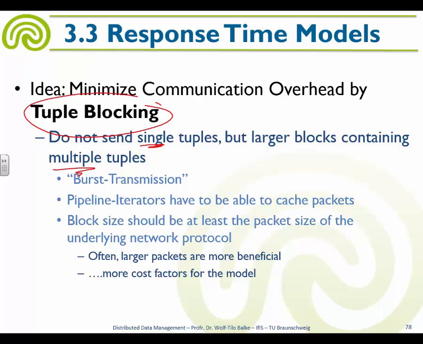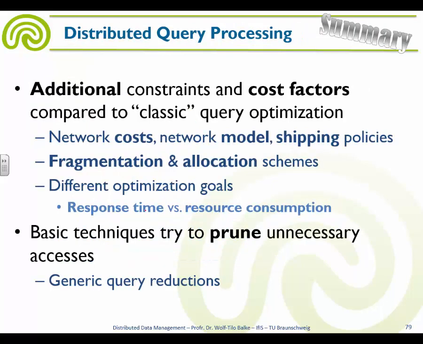And then, of course, I have to adapt my pipeline iterators so they can cache the whole packets, right? And so on. Sometimes I don't do single individual packets, but even bigger batches, right? Because for every single packet, I still have the open communication channel, acknowledgement, and so on, which for bigger batches I don't need.